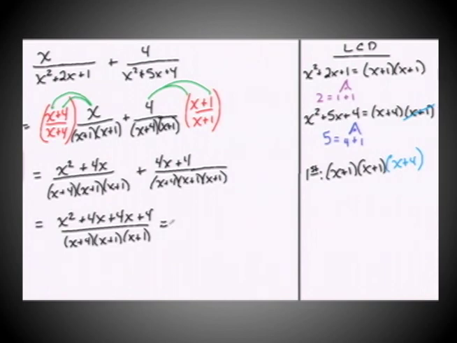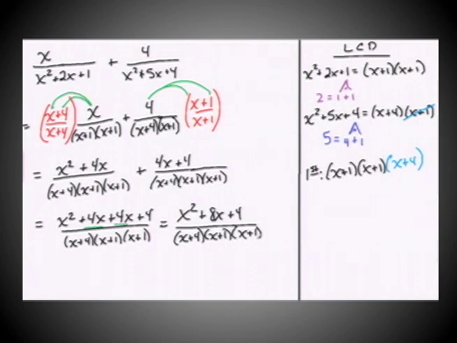And when I combine my like terms right here in the center, my x terms, I get x squared plus 8x plus 4 over my common denominator, x plus 4 times x plus 1 times x plus 1.